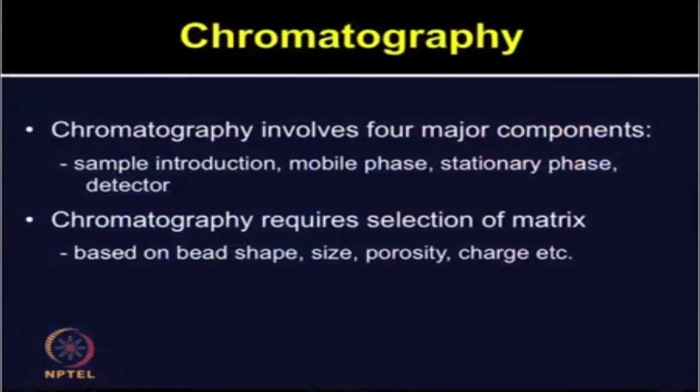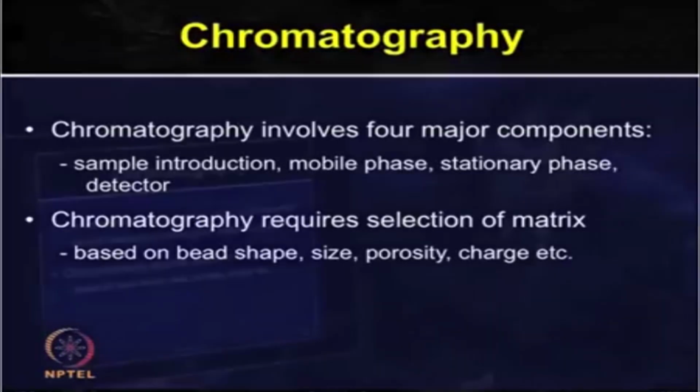The chromatographic technique involves four major components: an inlet for sample introduction, the mobile phase, stationary phase and a detector. Each type of chromatography requires a very educated and informed choice of matrix, considering the bead shape, size and porosity.